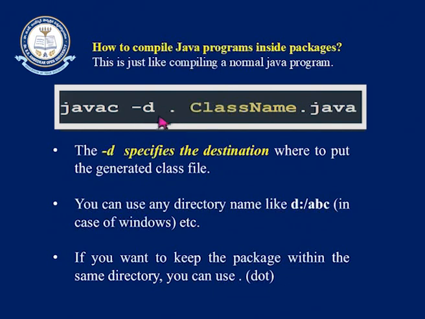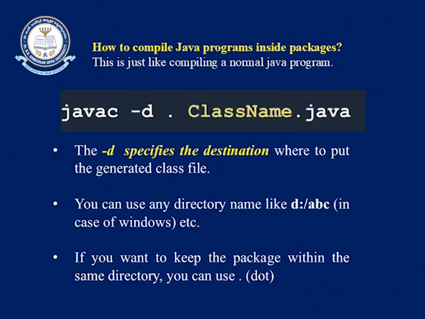But what is -d? -d specifies the destination where to put the generated class file. We know that when we compile a Java program, that creates a class file, right? So, where you want to store that class file, you need to specify the destination here. For that we are using -d for destination.